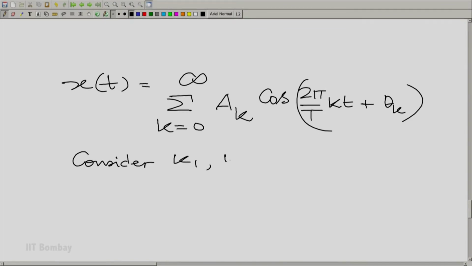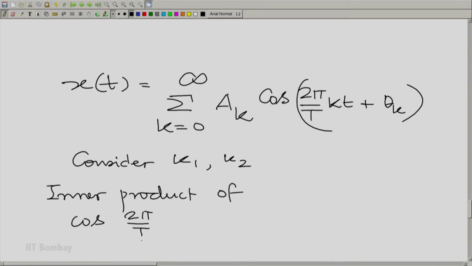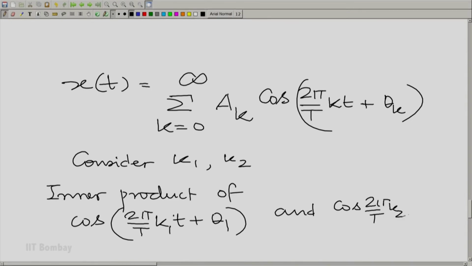So, let us take two different k, and let us take the so called dot product or inner product of cos(2 pi by T k_1 t plus theta_1) and cos(2 pi by T times k_2 t plus theta_2), but restricted to the interval from 0 to T.